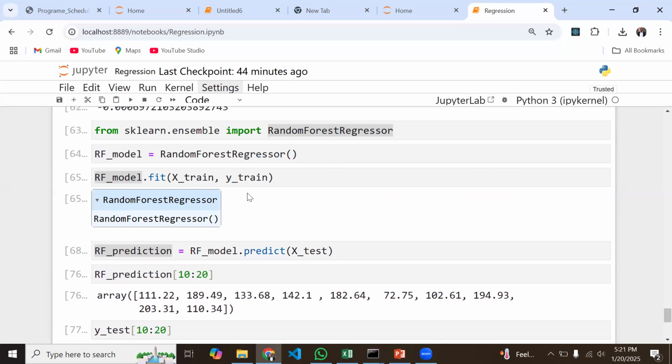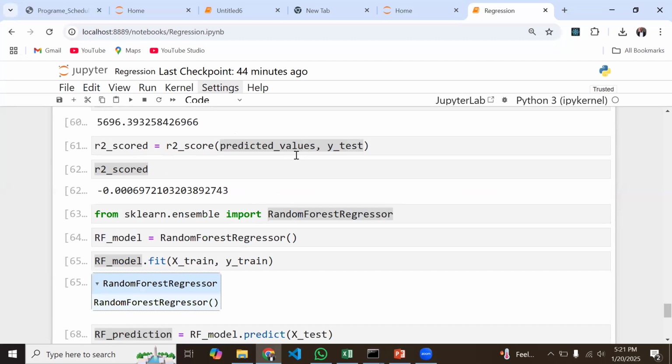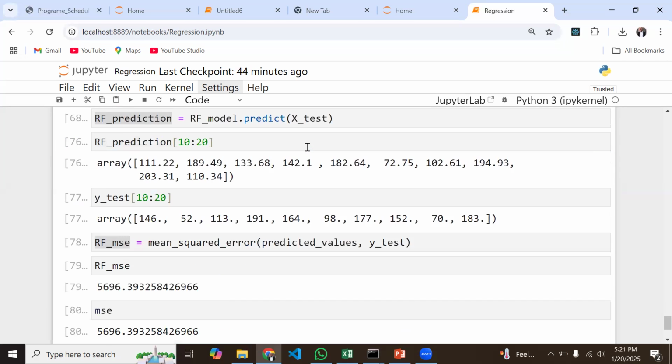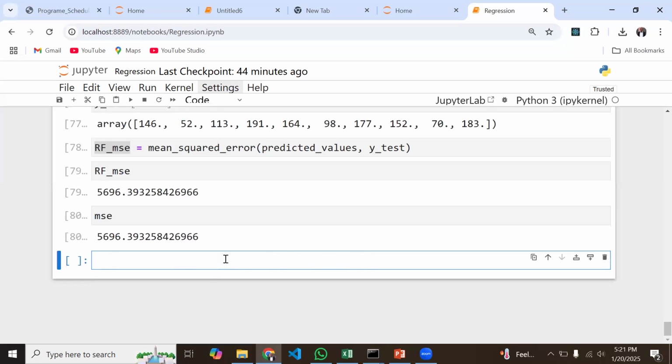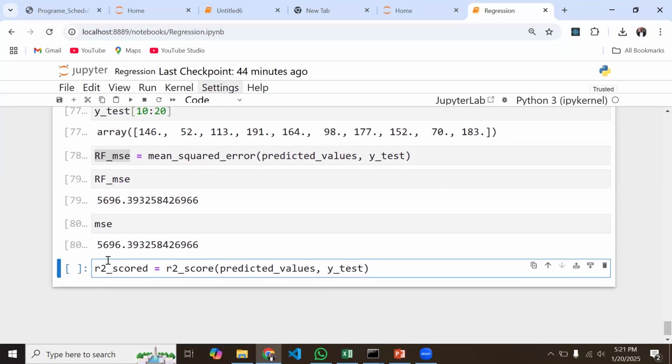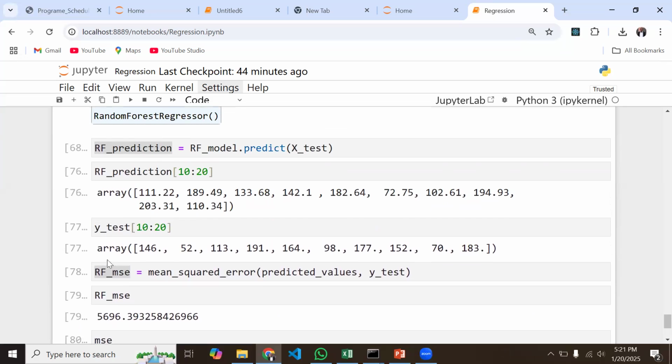Okay, let's look out for the R squared. So let me just copy this. I don't know, maybe we are missing something else, but let's see. Oh, no, no, no. The predicted is actually RF predicted.